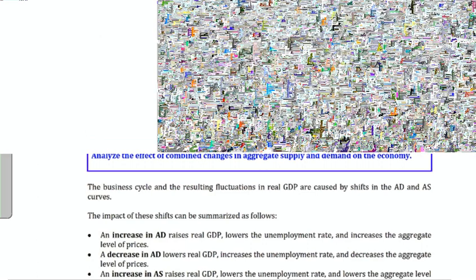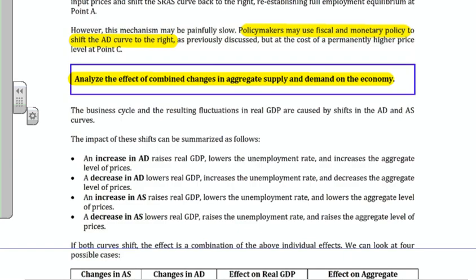We continue onwards. Analyze the effect of combined changes in supply and demand on the economy. The business cycle and the resulting fluctuations in real GDP are caused by shifts in demand and supply curves. What are some of the impacts that these shifts can have? An increase in demand will cause real GDP to go up, lower unemployment and increased price levels.